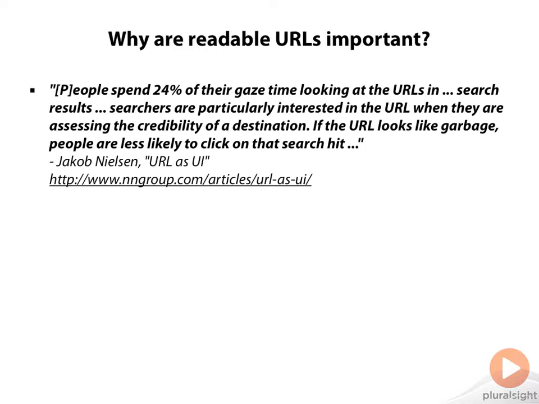Readable URLs are important. It's a long-standing truism in web development, first promulgated by Jacob Nielsen, that readable URLs are better. They're better for a number of reasons, including the fact that they attract links. Because they're memorable, people are more likely to link to them.